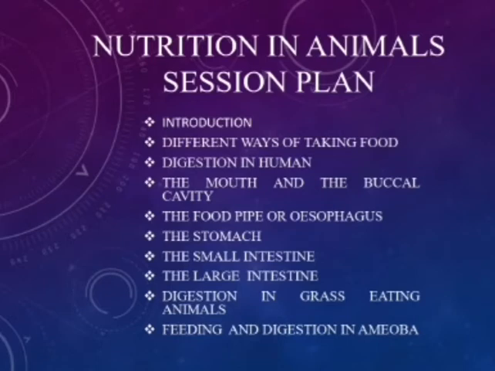So animals get their food from plants, and some animals eat plants directly while some animals eat plant-eating animals. Thus animals get their food from plants either directly or indirectly.